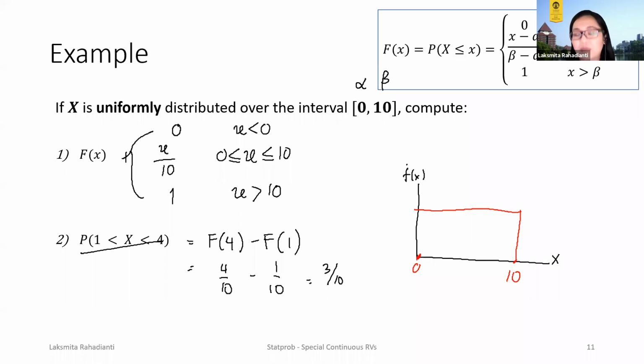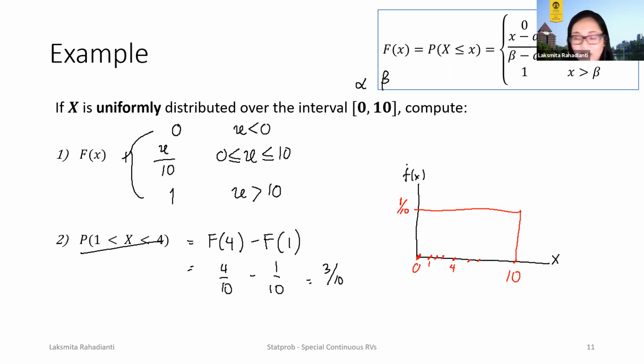We already knew that because when we were talking about PDFs, we know that the sum of all probabilities must be equal to 1. So in other words, this should be 1 total over 10 units. And when I'm talking about between 1 and 4, I could visualize it from 1, 2, 3, 4.